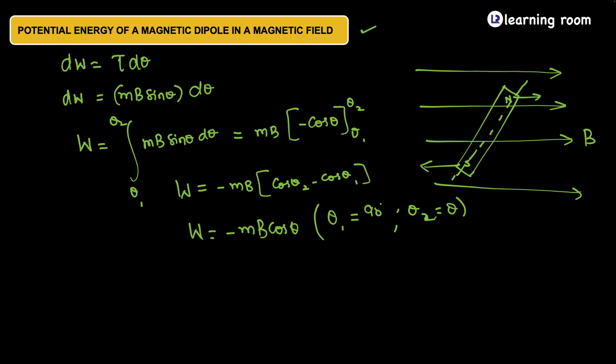You get W as minus mb cos theta, and this W is what gets stored as potential energy, given by minus mb cos theta, or minus m vector dot b vector. So this is the potential energy of a magnetic dipole in a magnetic field. It is the same logic as in electrostatics, where we had minus p vector dot e vector. Here it is minus m vector dot b vector.